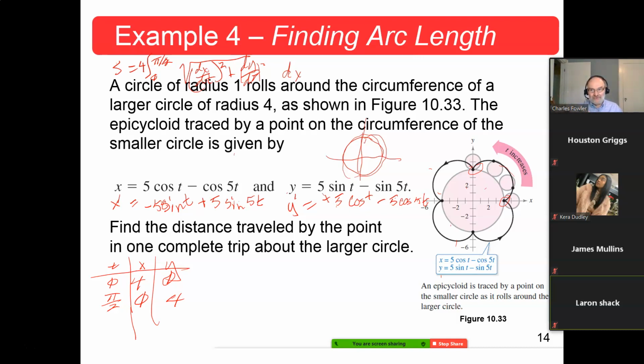Now we've got to square those things, and then take the square root of the sums of those.